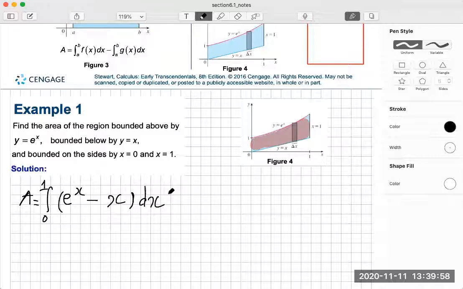So it is a definite integral. In order to do so, we need to find the antiderivative of these two guys, right? So can you help me with this?